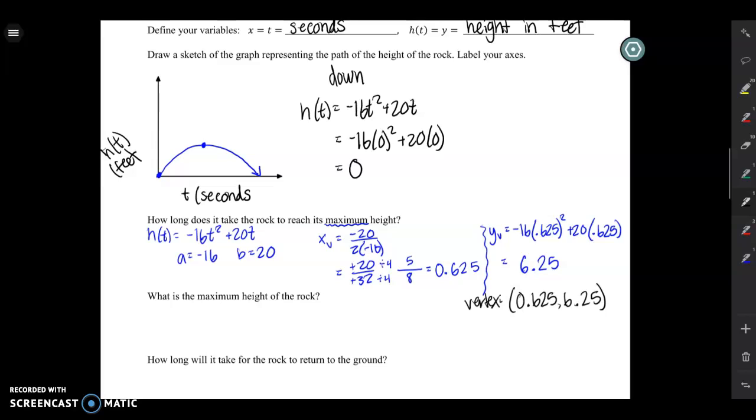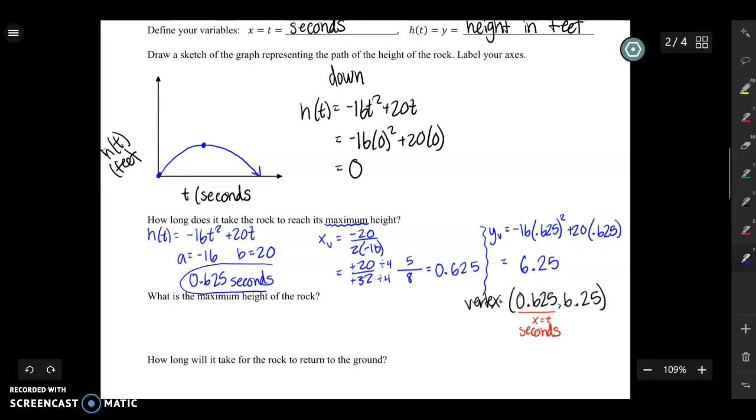The seconds in my vertex show up in my first coordinate, that's my x coordinate or my t, and we said our t was in seconds. So the answer to this problem is that it takes 0.625 seconds for my rock to reach its maximum height. So less than a second, and that rock is as high as it's going to go.